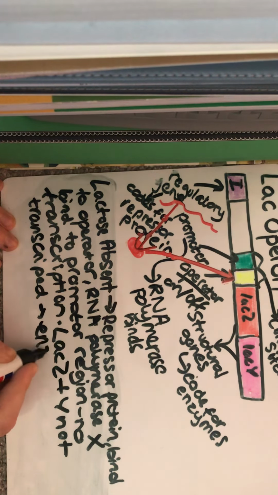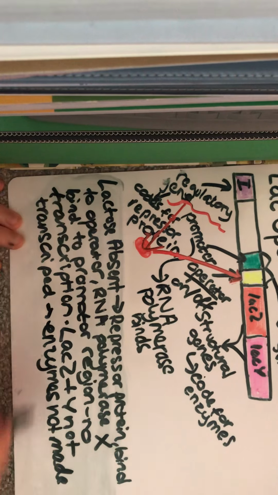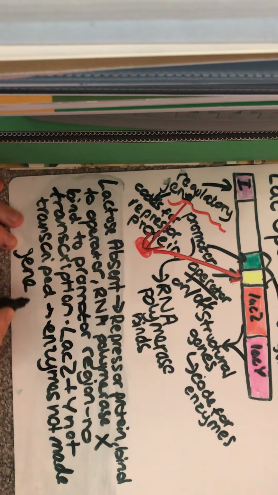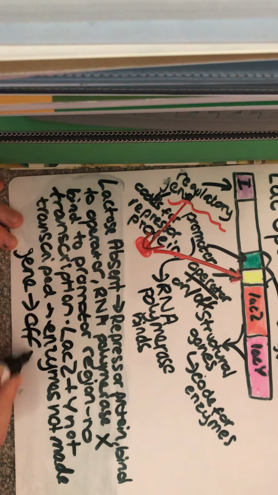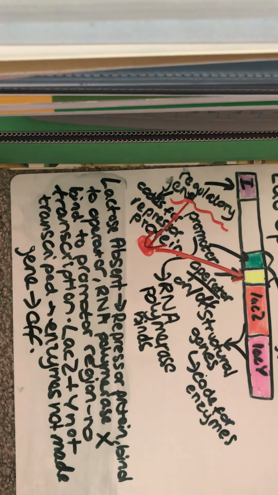And we have our enzymes not made. So the gene is off. Okay? So that is what happens when lactose is absent and glucose is present, because you can imagine glucose would be the first option.